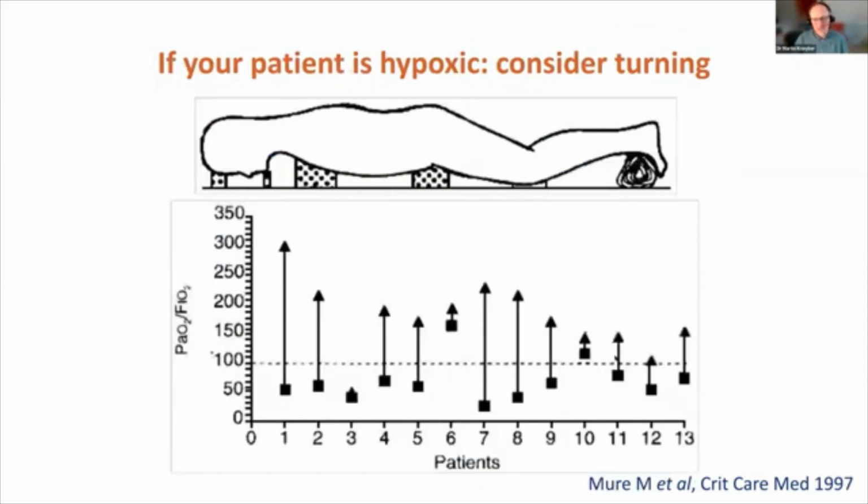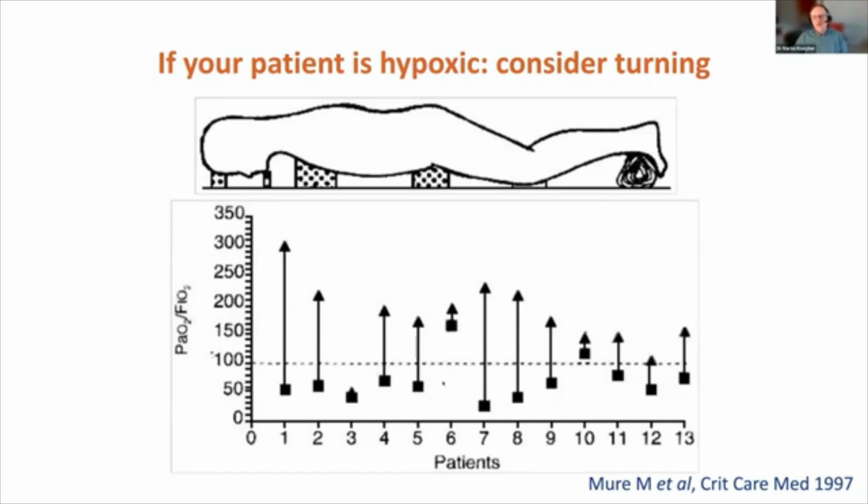And then if your patient is hypoxic, and I borrowed this slide from one of Peter's talks because I think it's a really fascinating slide: if your patient is hypoxic, consider turning the patient. This concept was already tested at the end of the previous century, where they had several hypoxic patients, and they turned the patients from supine to prone positioning.